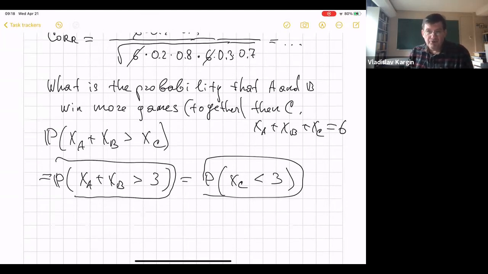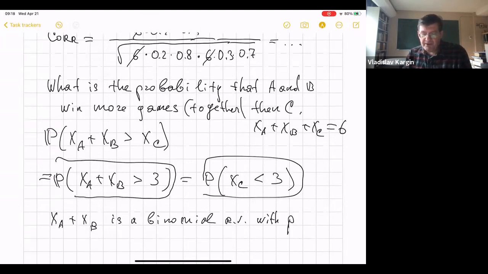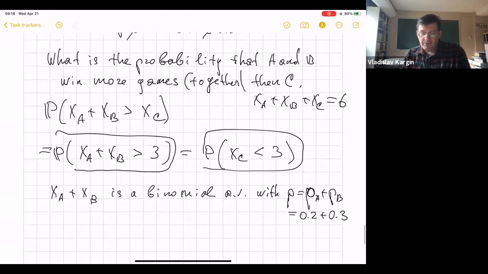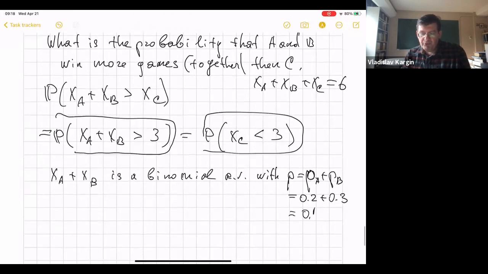So suppose you want to use the first probability. You know that XA plus XB is a binomial random variable with p equal to PA plus PB, so 0.2 plus 0.3, equal to 0.5.